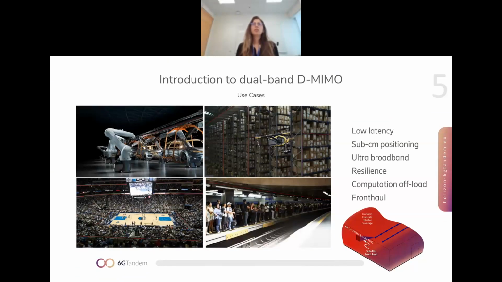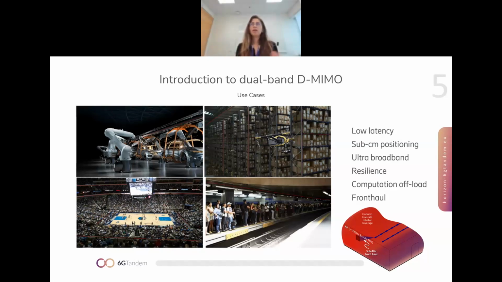A bit more about the use cases. These are the ones that I just addressed. We are trying to work our way in two parallel ways, trying to identify the use cases, what the technology does for us. It provides for us low latency. We hope to get sub-centimeter positioning.